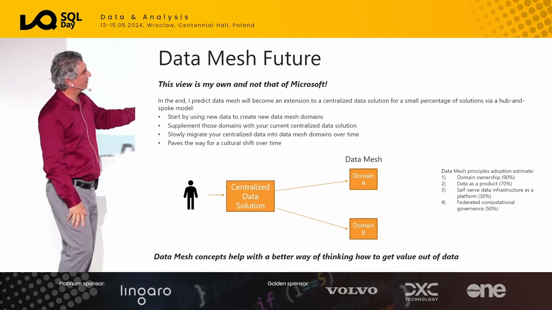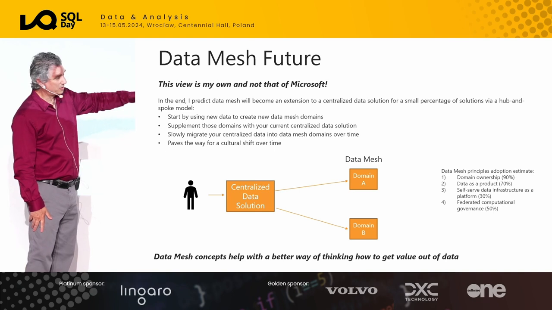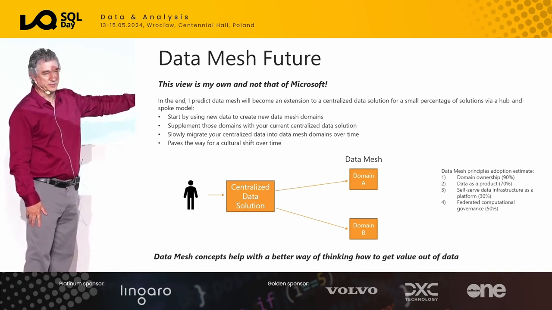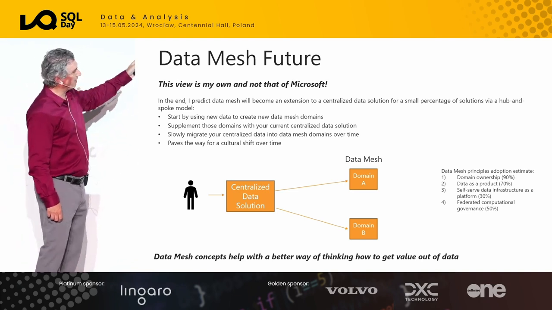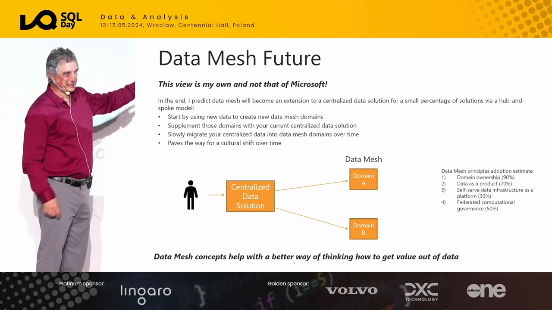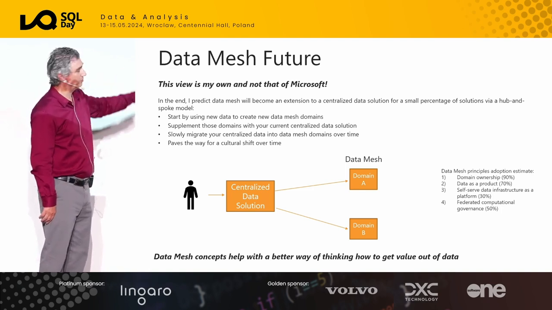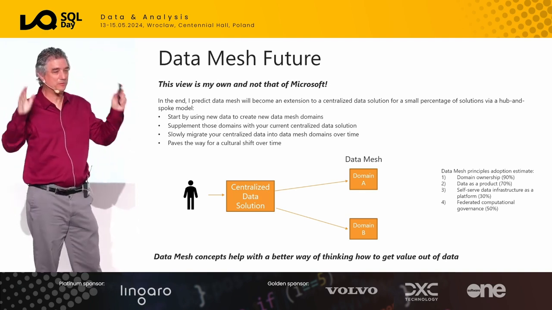And this is what I think will happen: if people are going to go down the data mesh route, they're going to build slowly with data meshes. Maybe it's going to be new data, and they'll start with a couple, and then maybe they'll start pulling data out of the centralized solution and creating a mesh from it. But they'll always wind up having a centralized data solution, because all it takes is that one domain to go, I'm not doing what you request.